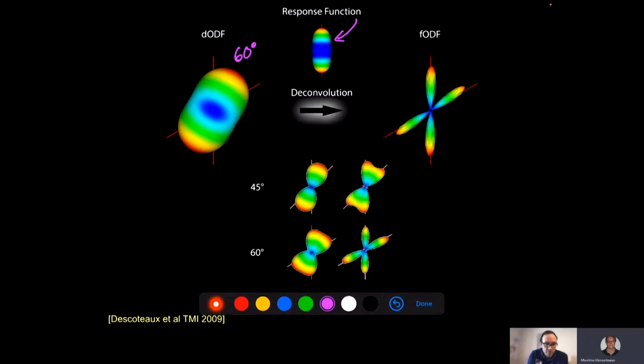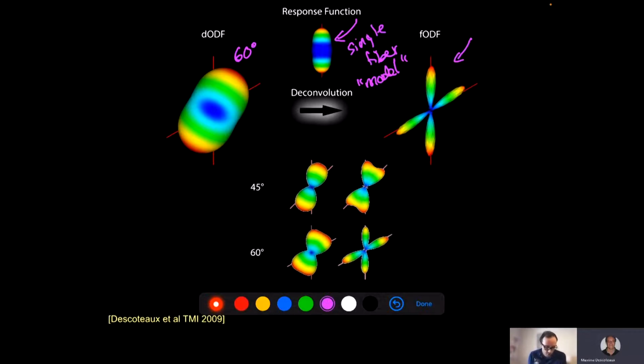So this ODF, this fat ODF that I measure in the corpus callosum or in the internal capsule where we have a single fiber, right? So this is a single fiber model.